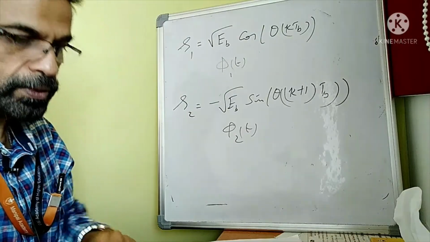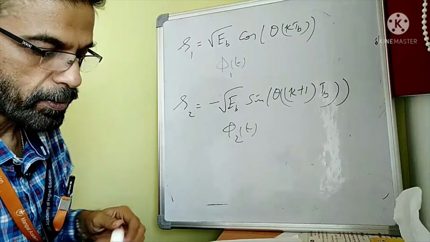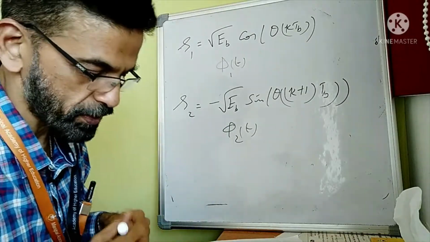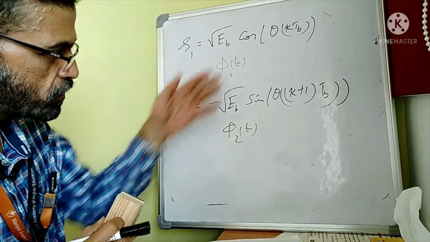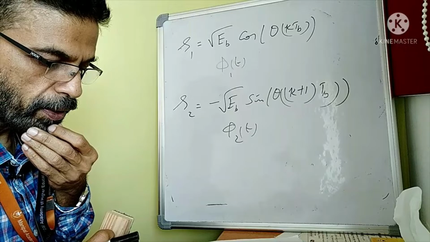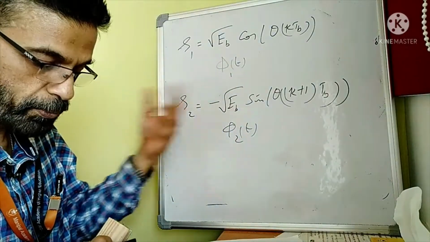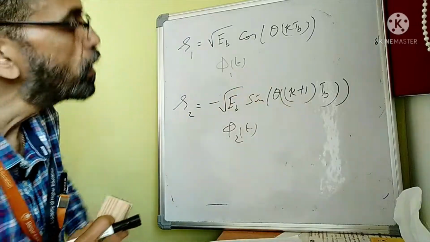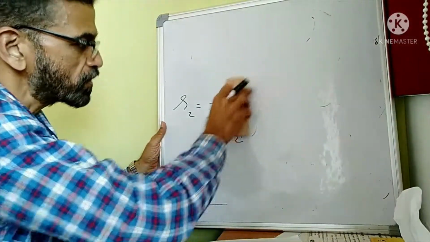Now this gives us an idea, and we know, of course, as I said, it's a two-dimensional signal space. With the help of these observations we can form a table, and from the table it is possible to get to the signal space diagram and the signal constellation.